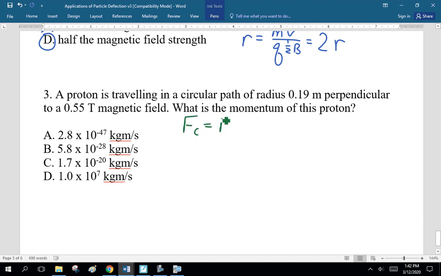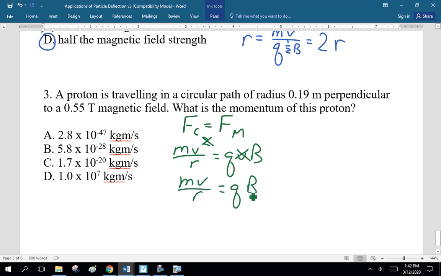Force centripetal, force magnetic. mv squared over r equals qvB. Cancel out the v's. We got mv over r equals qB. What's the definition of momentum? Mass times velocity. Do we have mv in the formula? Yes.